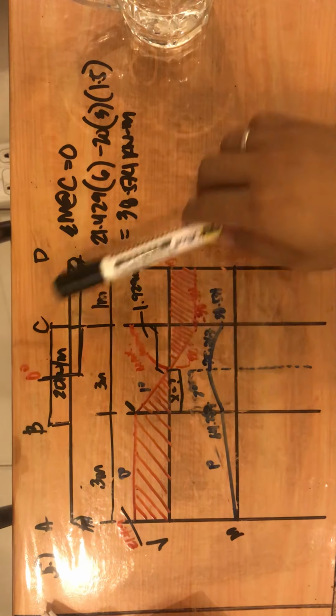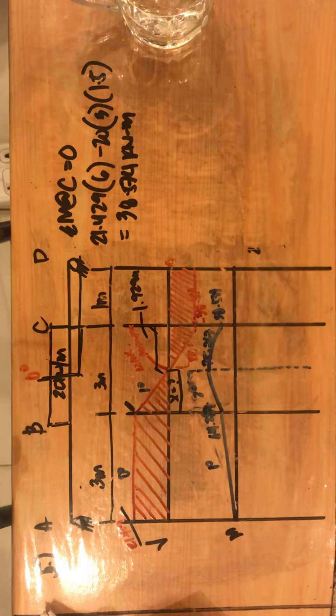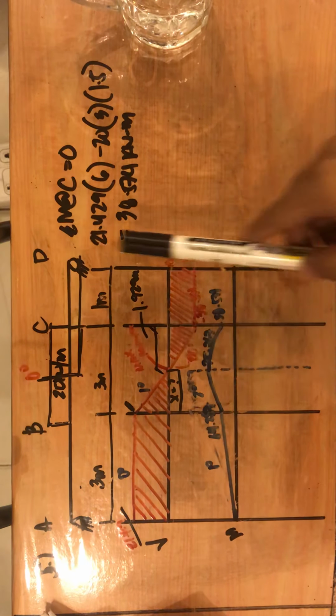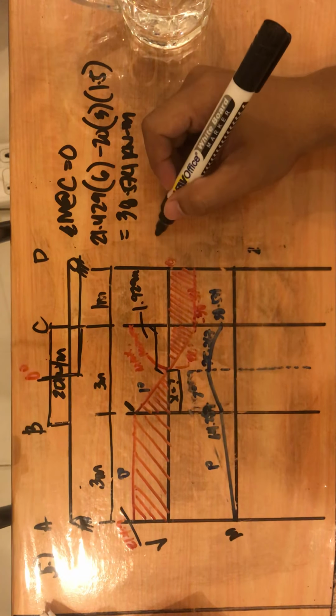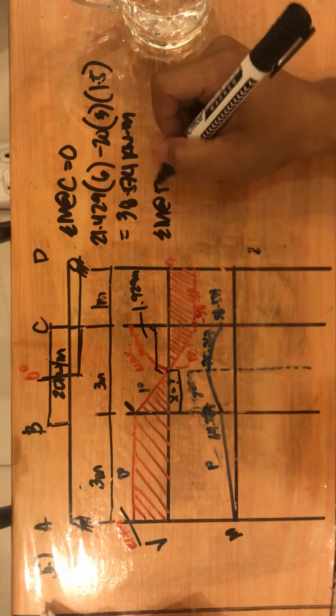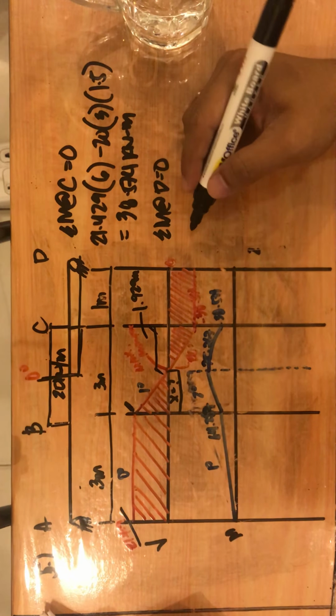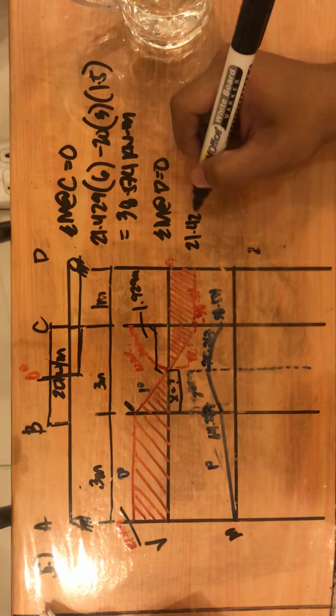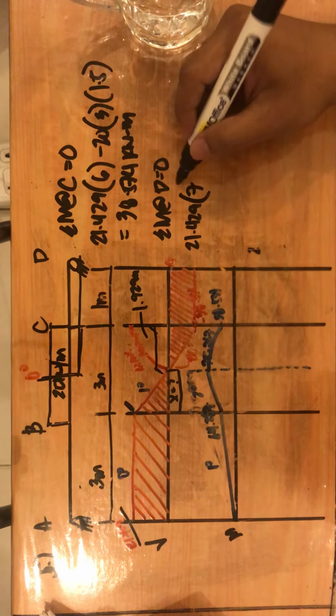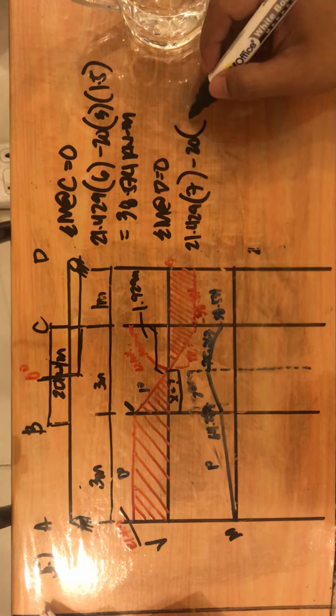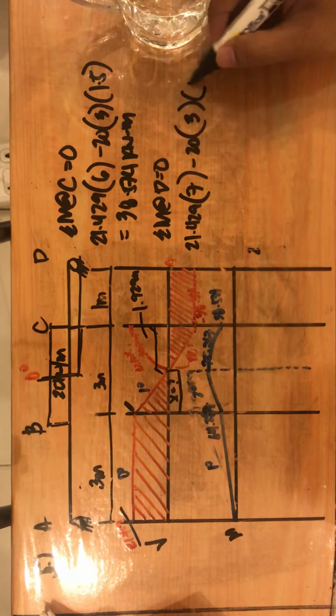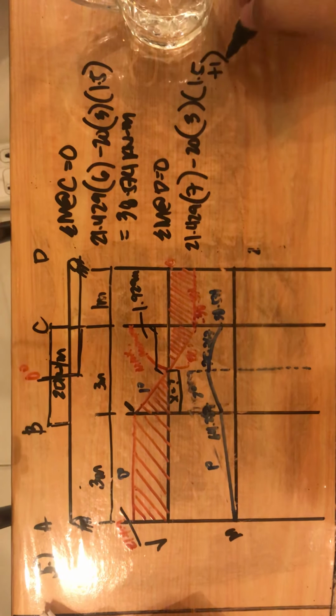Then last, moment at D. Since it is a roller support, it will automatically be 0, but let's check. Summation of moment at D equals 0: 21.429 times 7 minus 20 times 3 times 1.5 plus 1.